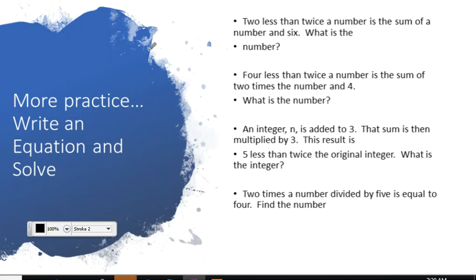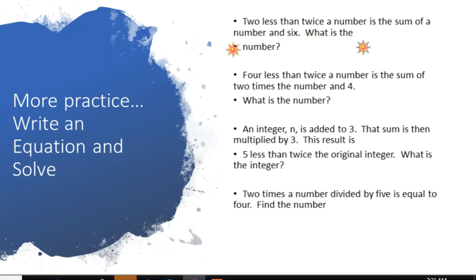So in this case, our instructions say 2 less than twice a number is the sum of a number and 6. And then what is the number? So we're actually going to have to write the verbal expression, and then we are going to figure out what the number is.